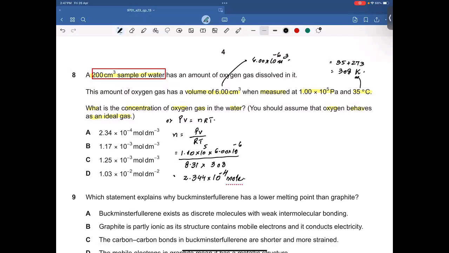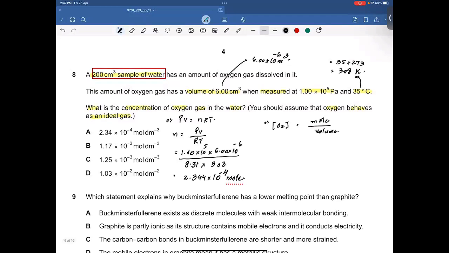Okay, I need to find the concentration of oxygen. So in order to find the concentration of oxygen, moles over volume. Now we have the moles, which is 2.344 times 10 to the power minus 4. And this volume is in cm cube.